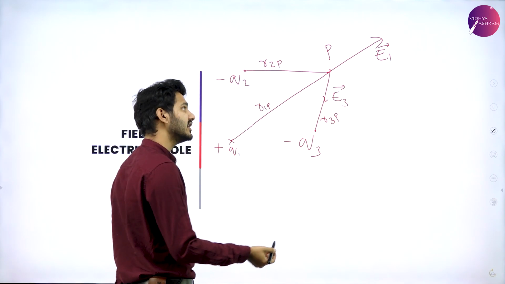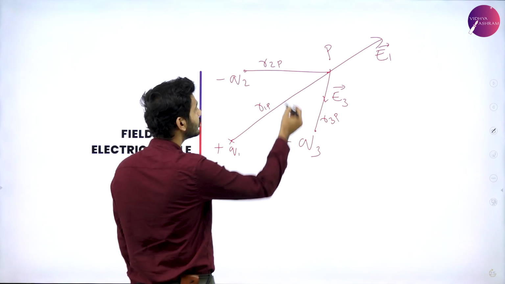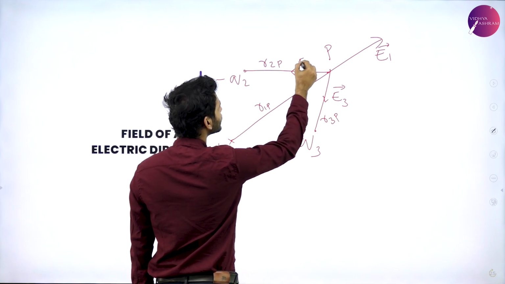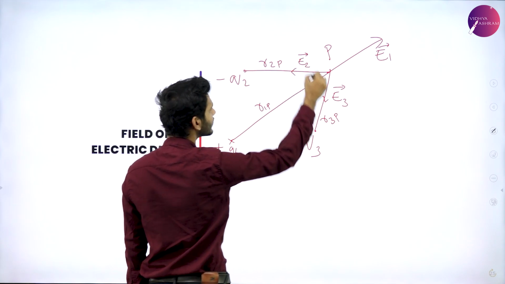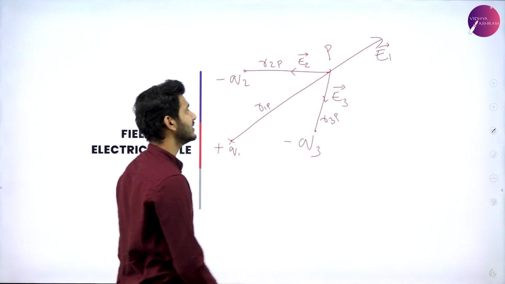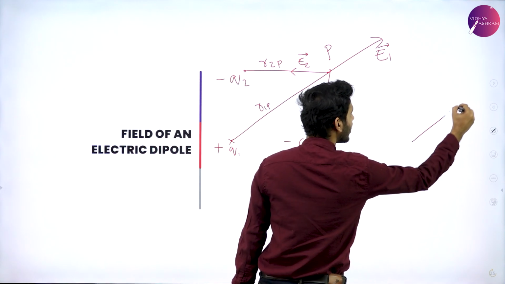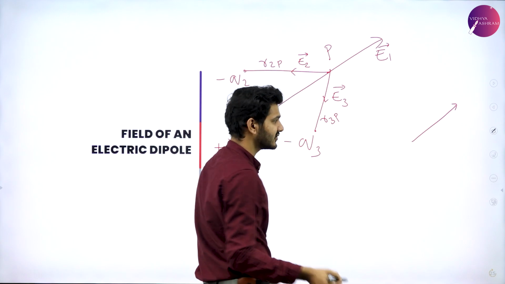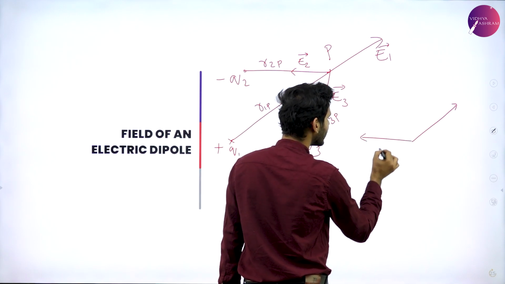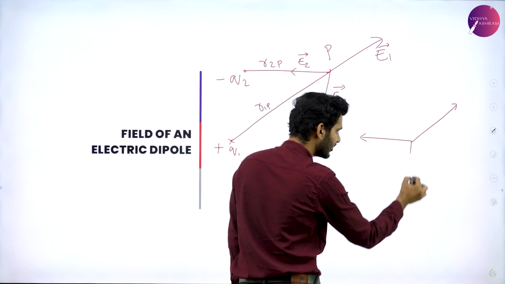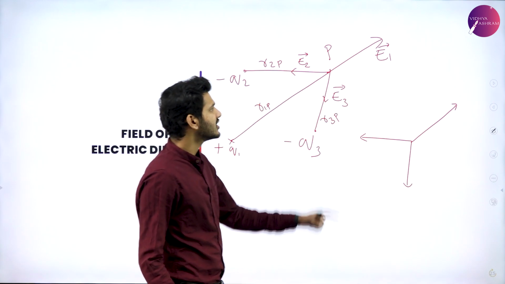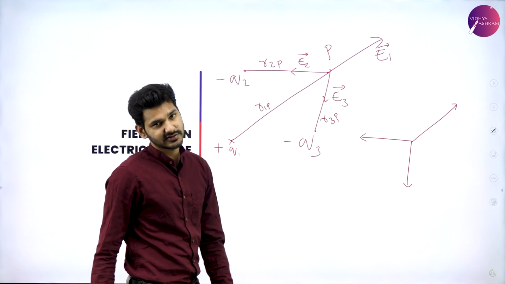Similarly for Q2, it will be simply E2. So there are three components acting. One will be along this direction because it is a positive charge, one will be in this direction and the other one in this direction. These are the electric field vectors.